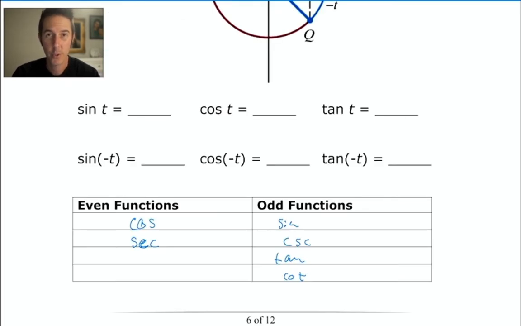It's in the 4.2 notes on page 6 of 12. We need to make sure that we take cosecant. Even functions were cosine and secant, and I listed all the rest of them as odd functions. Sine is an odd function. Maybe I didn't make a mistake. Cosine and its reciprocal function are secant. Oh. Thank heavens.